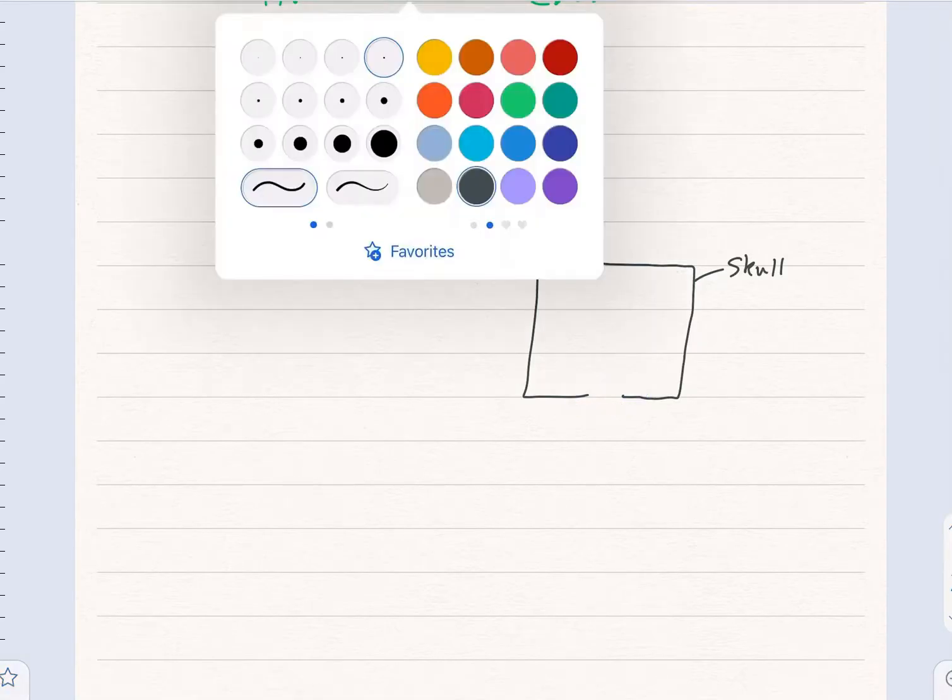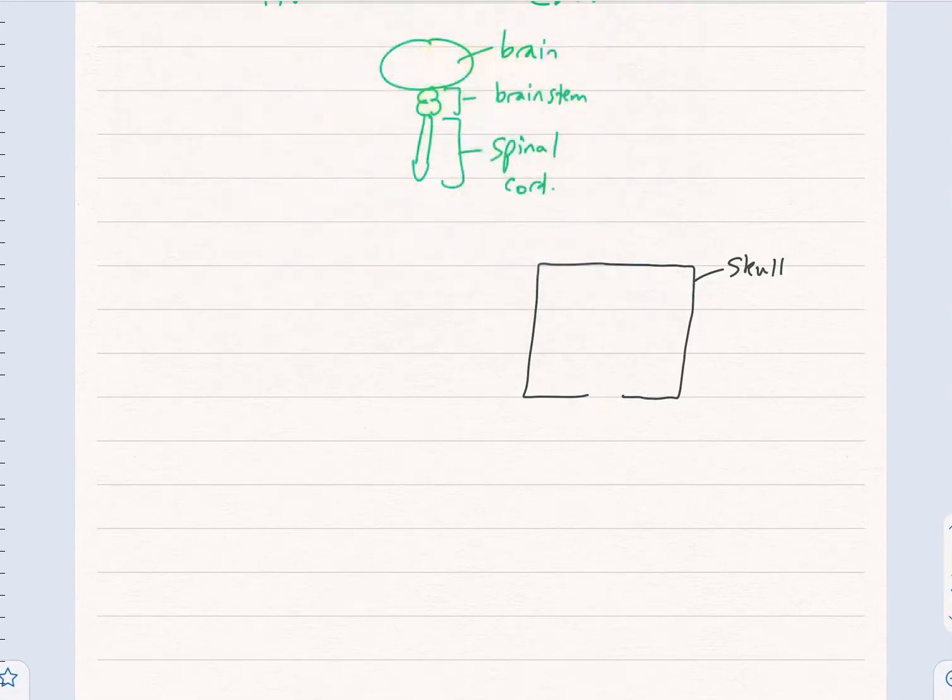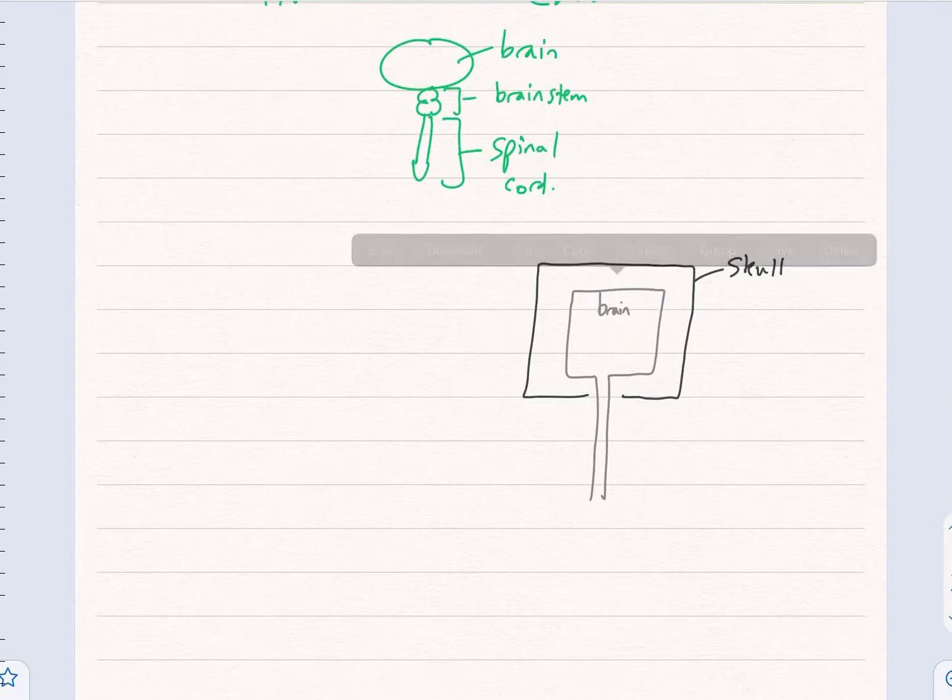Then we need to have a brain. So I'm going to draw a brain like this. And this is our brain. Actually, let me just move it over. Okay, there's our brain. As you can see, there's quite a lot of room between our skull and our brain.